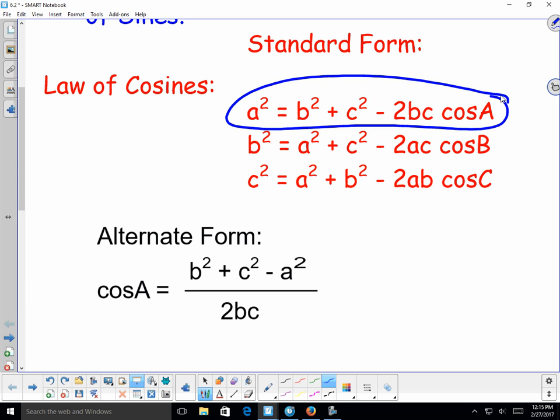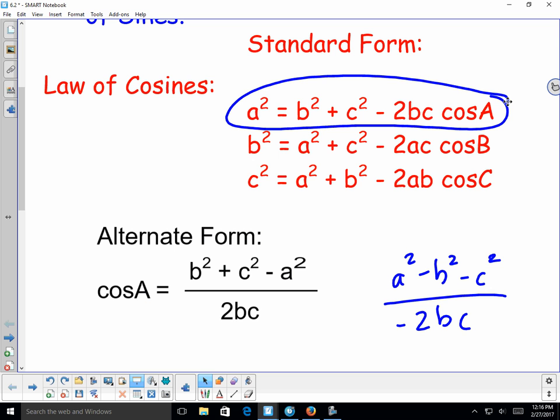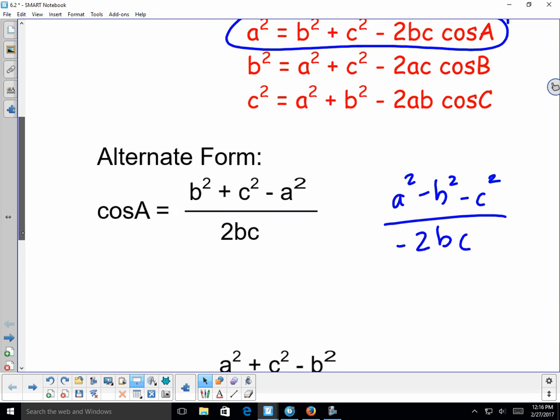We subtract B squared and C squared from both sides and divide by negative 2BC, and you'll end up with A squared minus B squared minus C squared over negative 2BC. Then they multiply top and bottom by negative 1, and they get this. So the alternate form helps you if you're solving for an angle instead of a side.